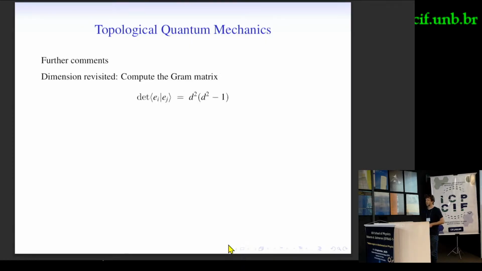So given the basis, you can compute the Gram matrix, and the Gram matrix will tell you whether it's a good basis, right? Whether all the states, all the vectors in this basis are linearly independent. So if you do this for just this two-dimensional space which I just described, you'll see that the determinant of this Gram matrix is d squared times d squared minus 1, which tells you that when d is 1 or d is 0, you actually get a degenerate basis.